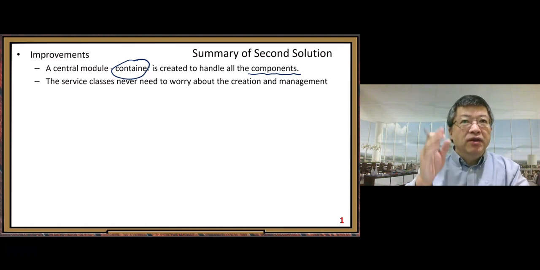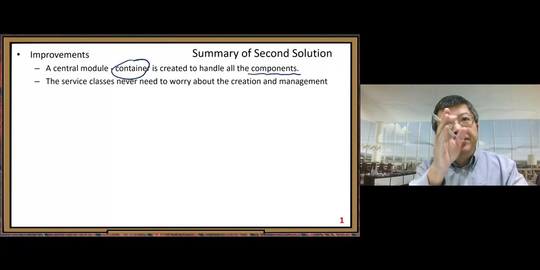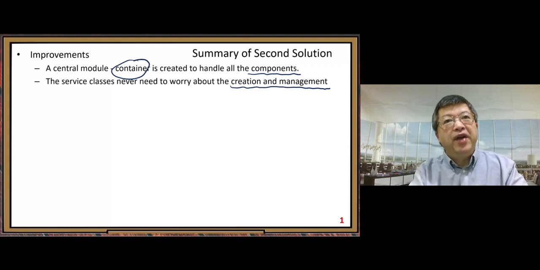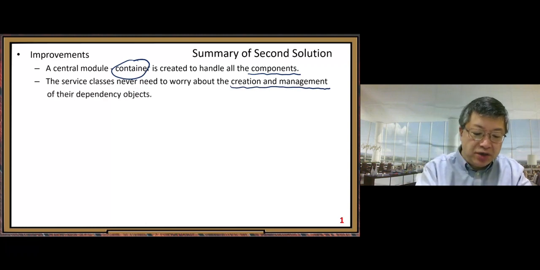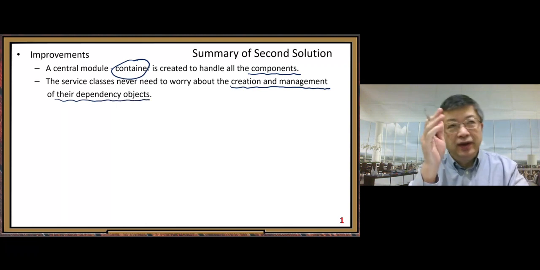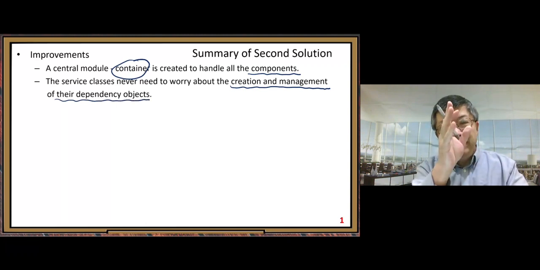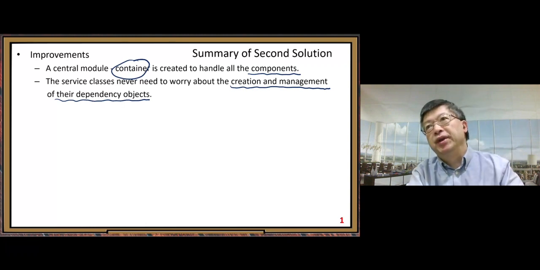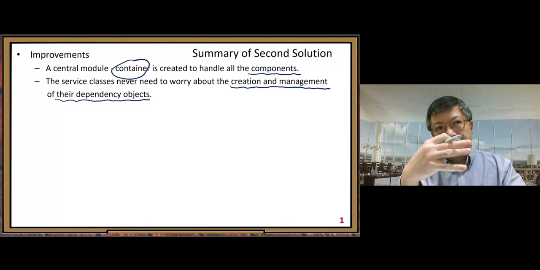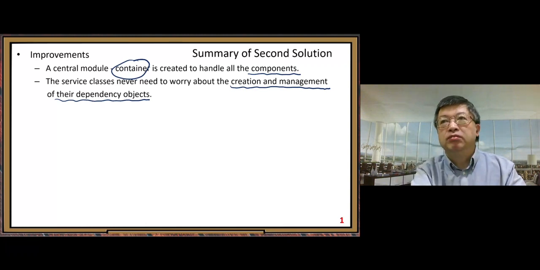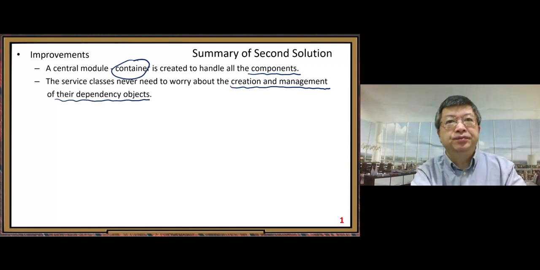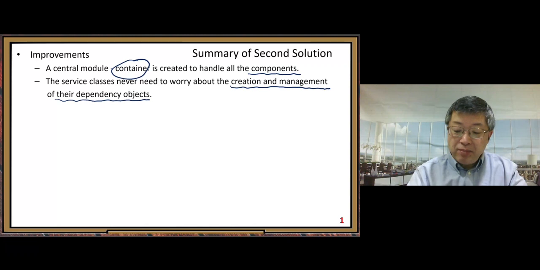Next, the service classes never need to worry about the creation and management of their own dependency objects. That's a big responsibility reduction. Reduced to as low as possible, but still it has some responsibility there. But this is a big improvement.